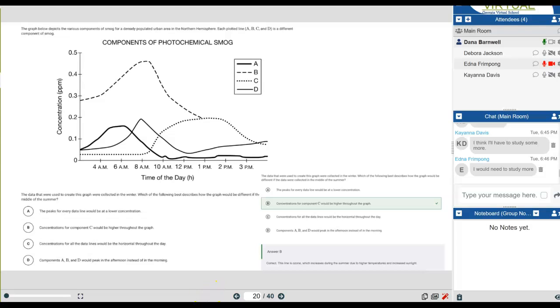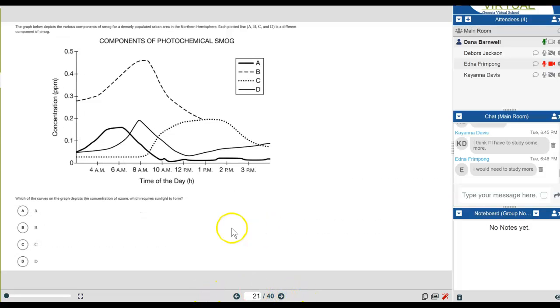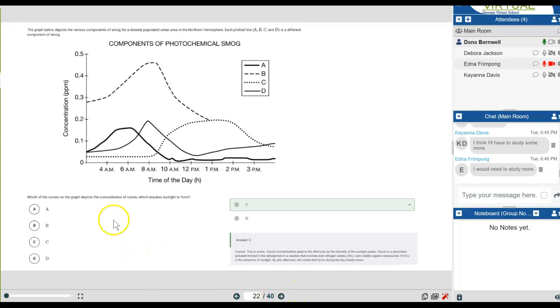That's just to get you to practice reading graphs. On this particular one, which of the curves depicts the concentration of ozone? Based on what we just said, it's this one right here, so that should be C. This C is the ozone. It's what is formed as a result of that UV light.